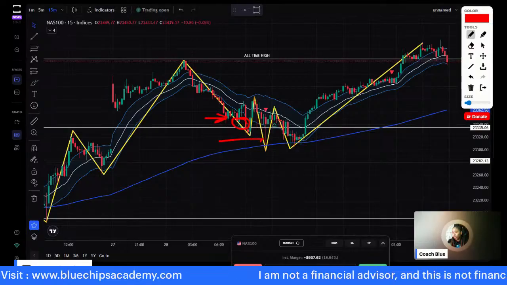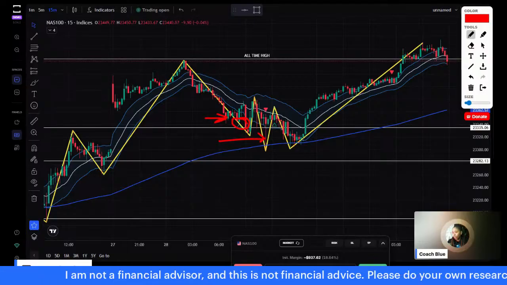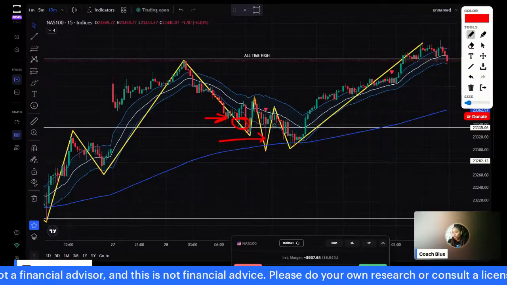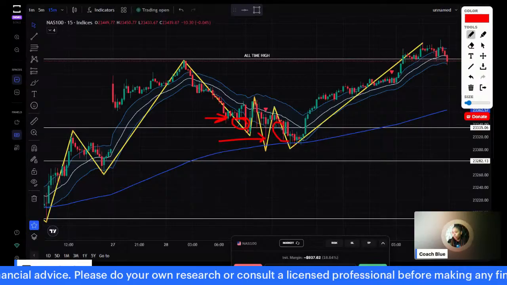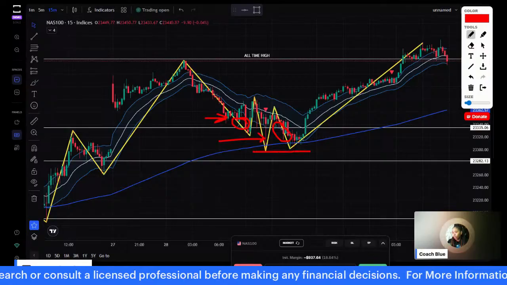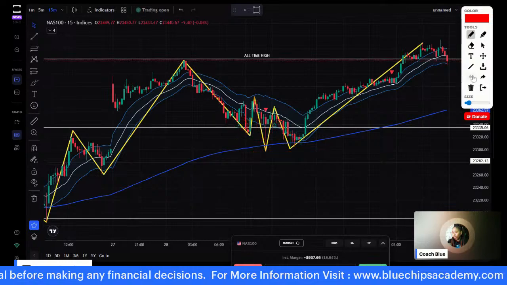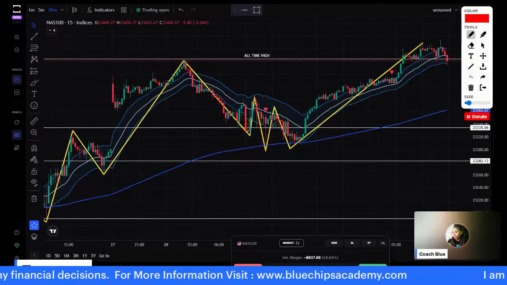Yep, off of this candle. That was a volatile candle during market open. But I re-entered the trade somewhere around here, and then I put my stop loss beneath this move. And I took profit up here.